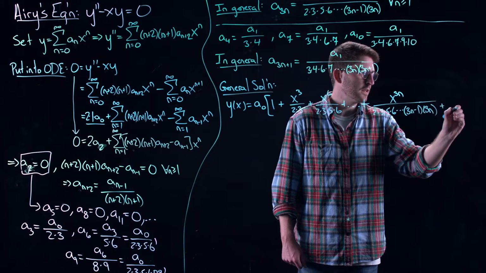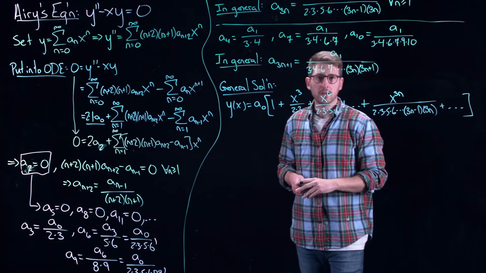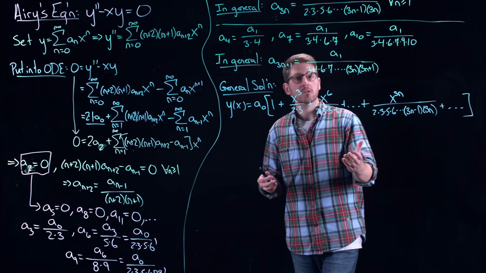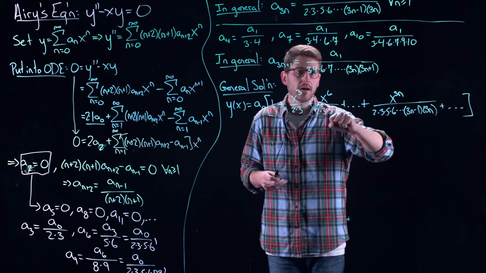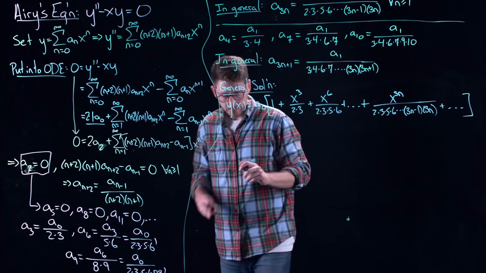And this is an infinite series. I have a method of generating every one of these. Again, if I want to put this into a computer, I can truncate at some value, and I can approximate it by this piece right here.